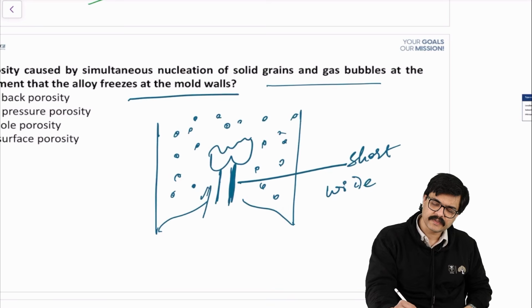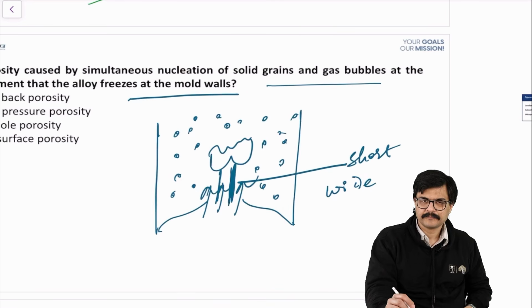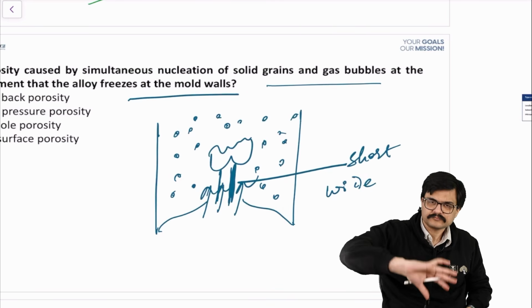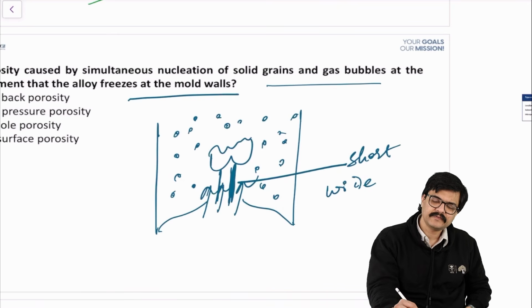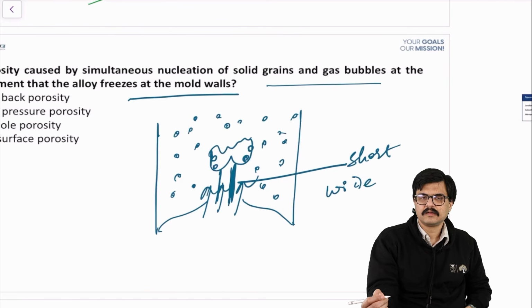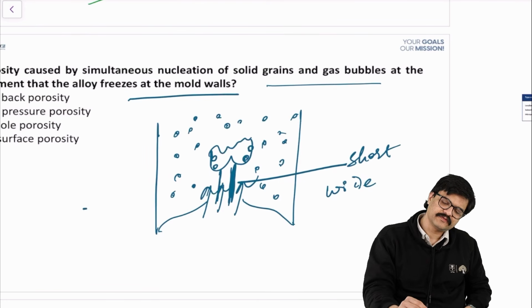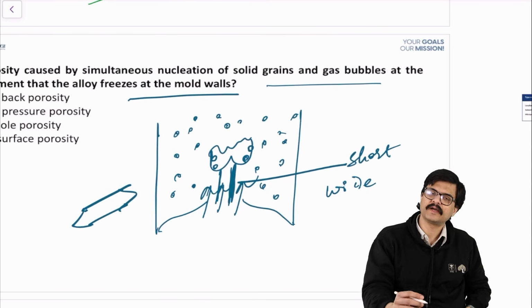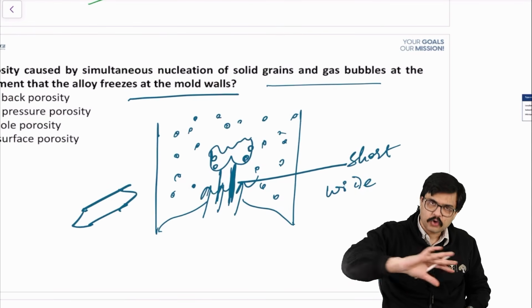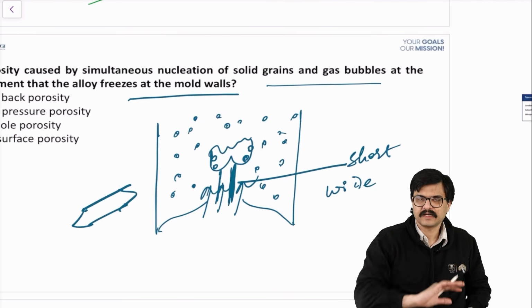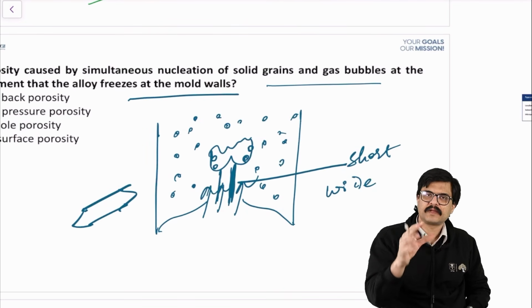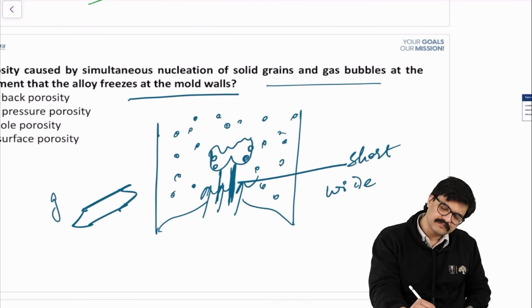When this much molten metal comes inside and freezes at the investment mold cavity walls, the first point that it freezes is the point where the solid grains of the molten alloy are going to solidify. But if there is uncontrolled, a lot of volume of the molten alloy coming inside, then there's going to be some turbulence and it's going to form some gas bubbles.